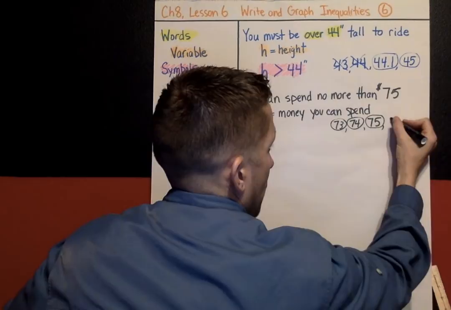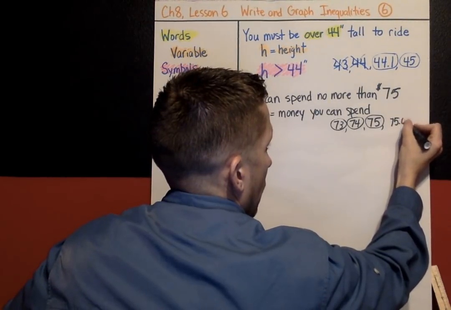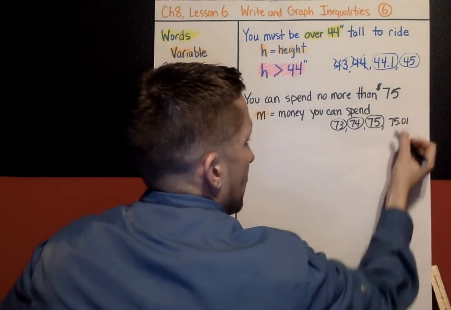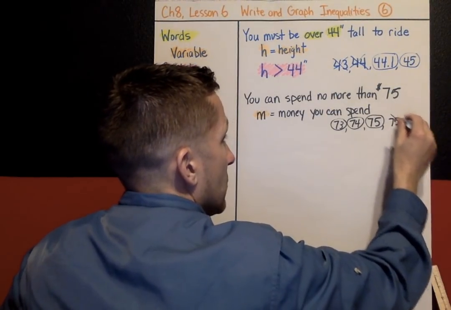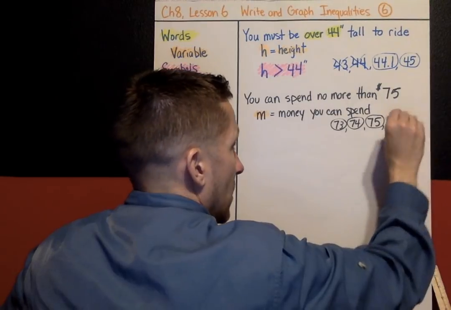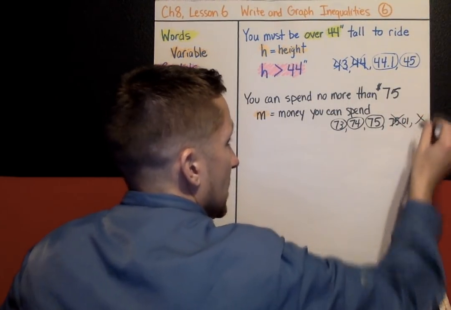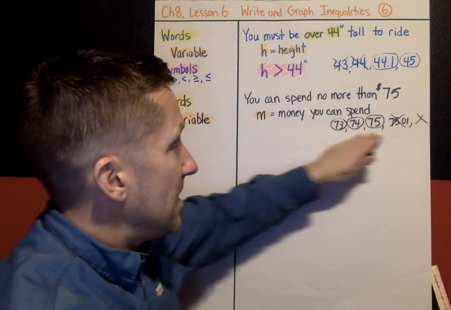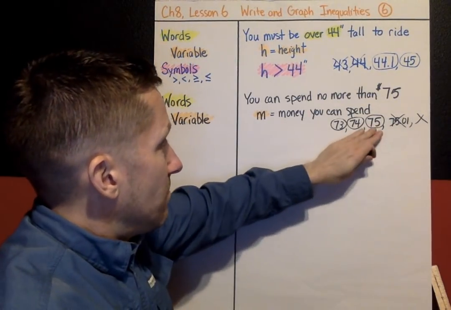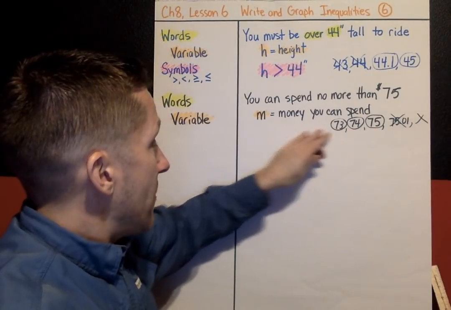As soon as it's 1 penny more, 75.01, you can't spend that because you wouldn't have enough. If that was your total, 75.01, you would not have enough. So all the numbers that way are going to be no good. So our inequality has to fit these numbers. It can be 75, 74, everything below that.